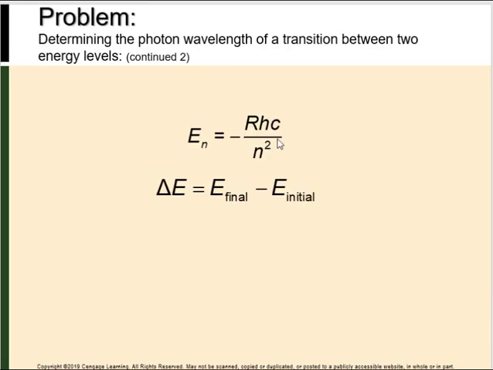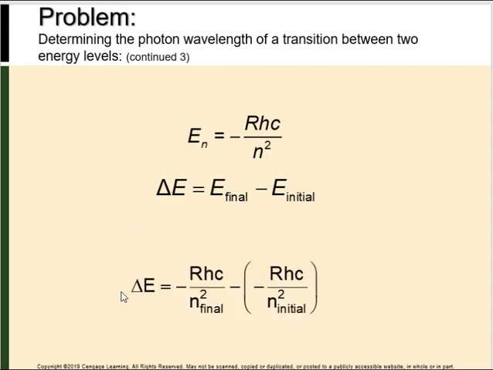So far we've covered these two equations. And we've talked about finding delta E as the E final minus initial, which would then look like this.